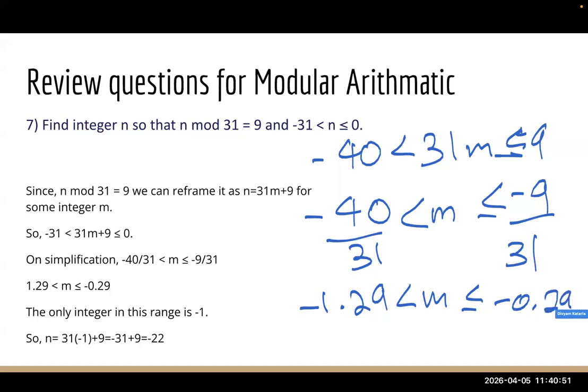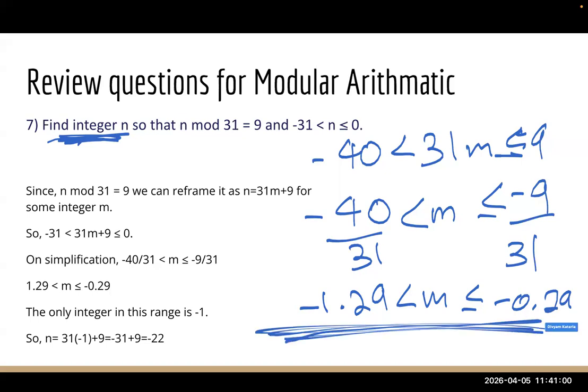Now we can see that we need to find an integer n, right? The only integer possible between these two values is the integer negative 1. So we'll use m as negative 1 and calculate for n.